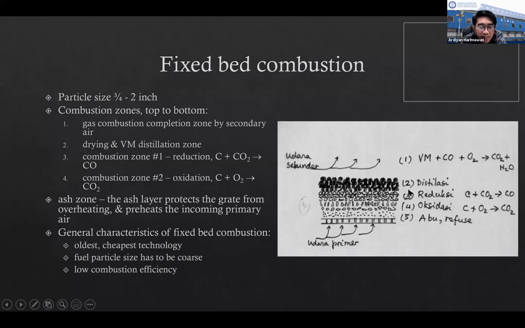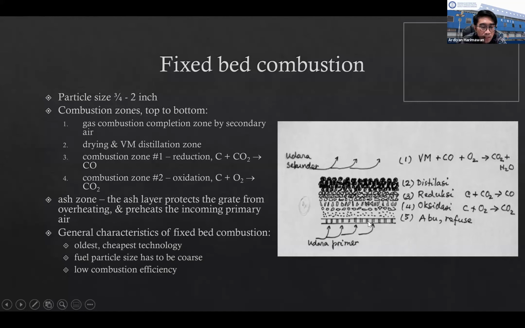Okay, and then layers number 3 and number 4 are the combustion zone. One is the reduction zone, which is the reaction between carbon and carbon dioxide, and the oxidation is between carbon and oxygen. And the last layer is basically the leftover of the combustion. This is the ash.